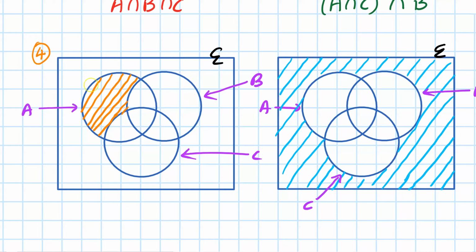As you can see, this has been colored very carefully, just inside A, but not going into either B or C. Hence, what we have to say is it's definitely in A, and also it is not in B or C. So we see here the complement of B or C. We are not in the B or C area. It's the complement of that, outside but inside A. So that is the shaded area.